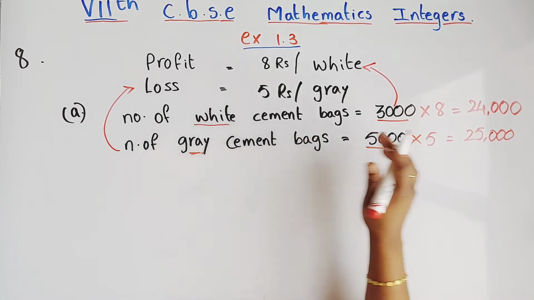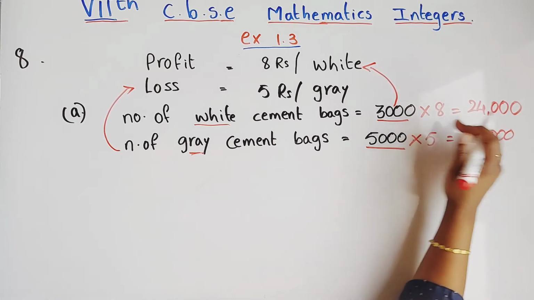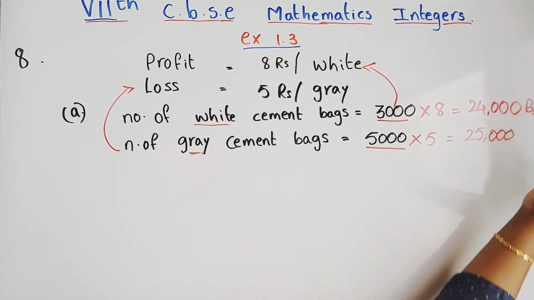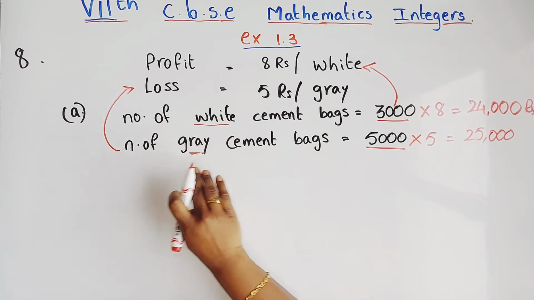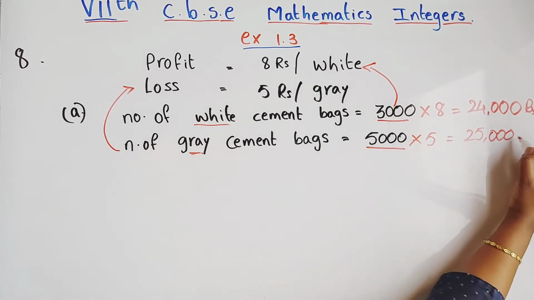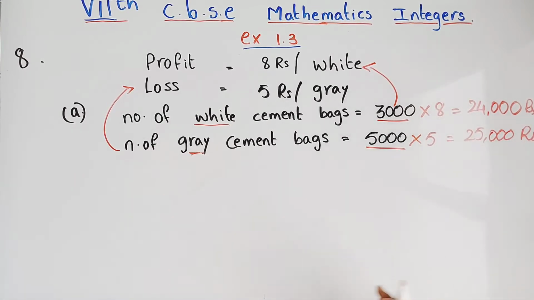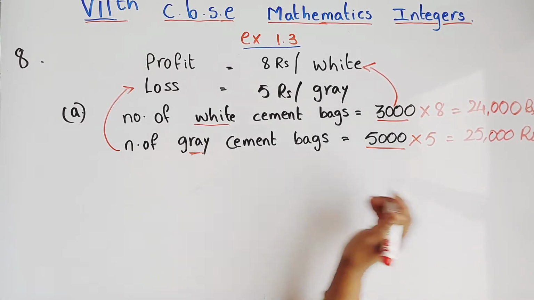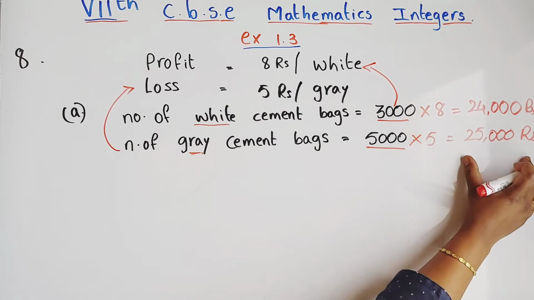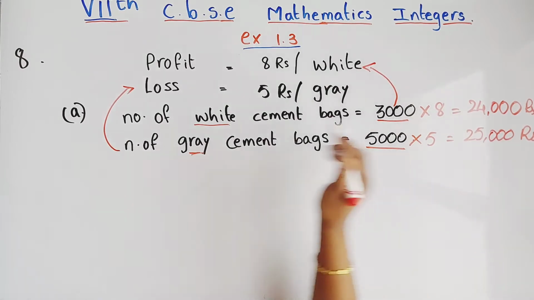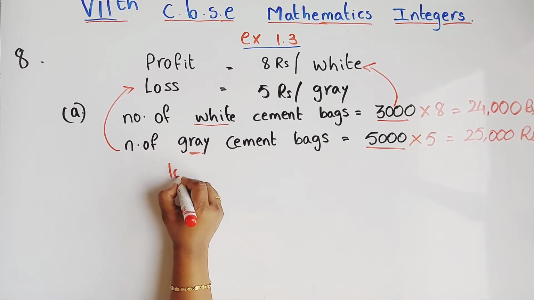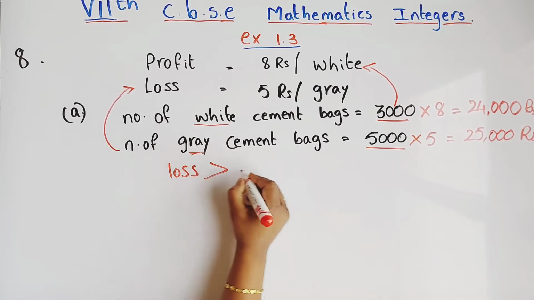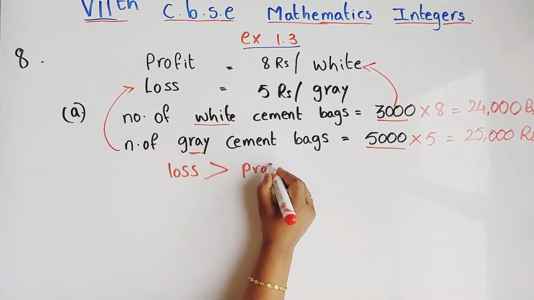So, when they are selling white cement bags, it is 24,000 rupees they are getting. And when they are selling grey cement bags, they are getting 25,000 rupees. So, now it is profit or loss. See here, grey cement bags is more money, 25,000. So, it is loss. Here, loss is greater than profit.